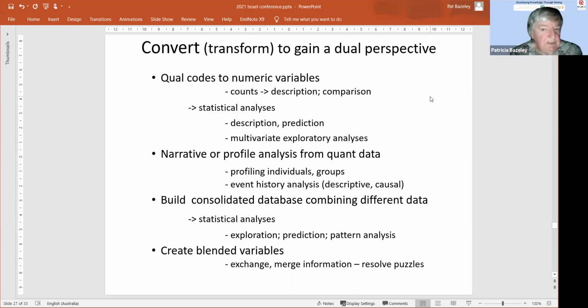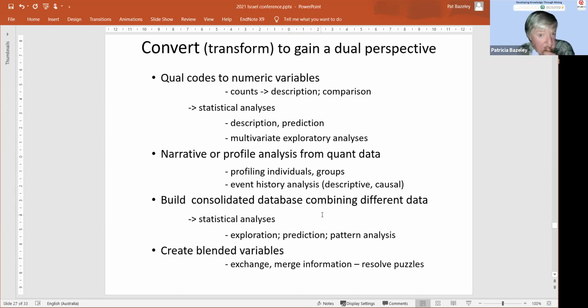They can be used for statistical analyses, in descriptive type statistics or even potentially inferential ones, assuming that certain assumptions can be met, or in multivariate analyses. The conversion can also go the opposite way around, so you can use quantitative data to build a narrative, either profiling individuals or groups or using, let's say, Cox regression on panel data to produce a narrative through event history analysis.